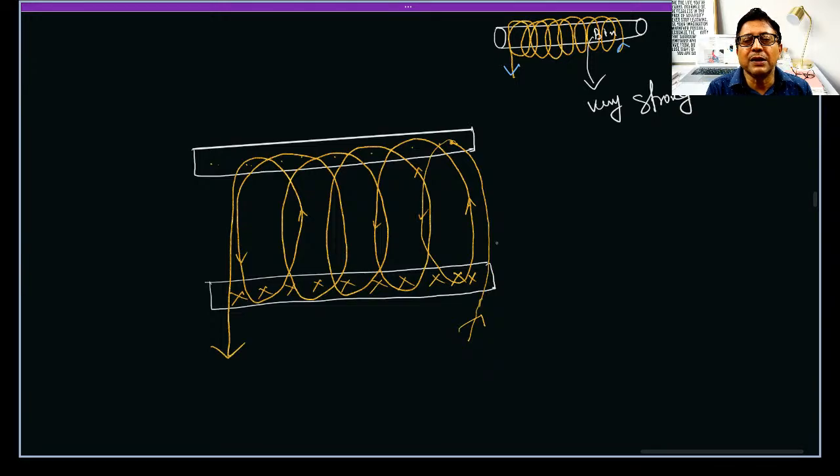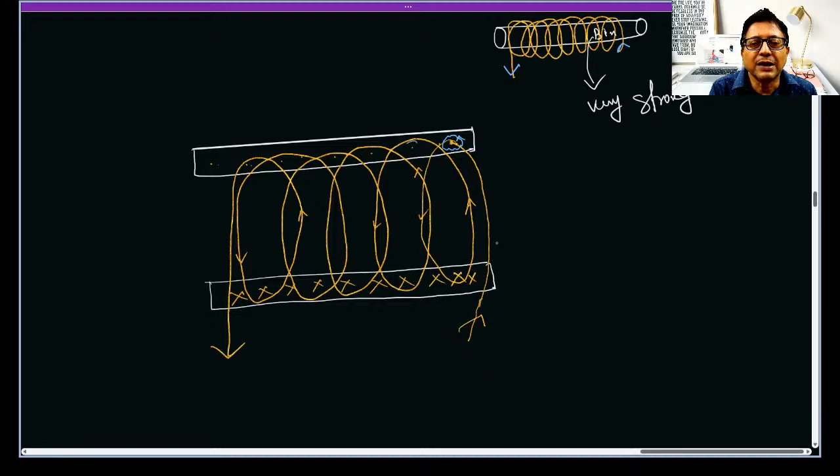What are the magnetic lines of force directions? At this point, it's like this. At every point here it will be like this. But here it is going in, so it will be like this, because currents are entering here, no?